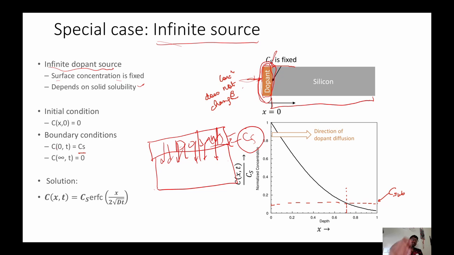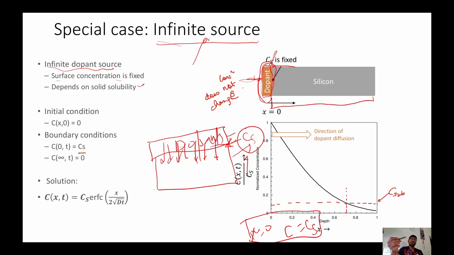So the maximum concentration of that dopant inside silicon is CS. It cannot go beyond that. So by giving an infinite source, CS is fixed, and we have fixed the boundary condition: at x equal to 0, concentration C is equal to CS.